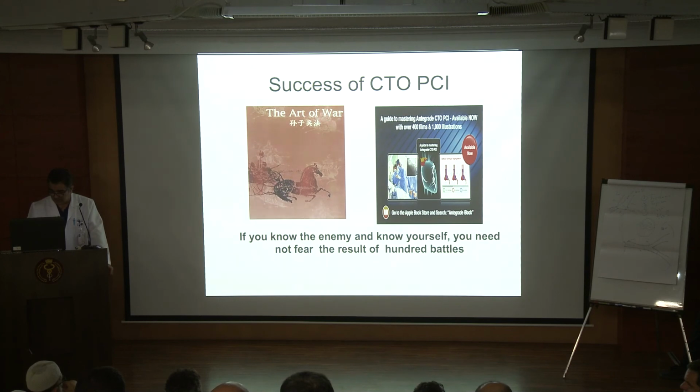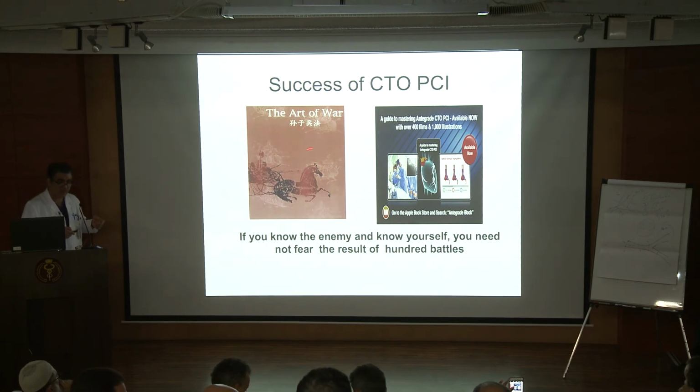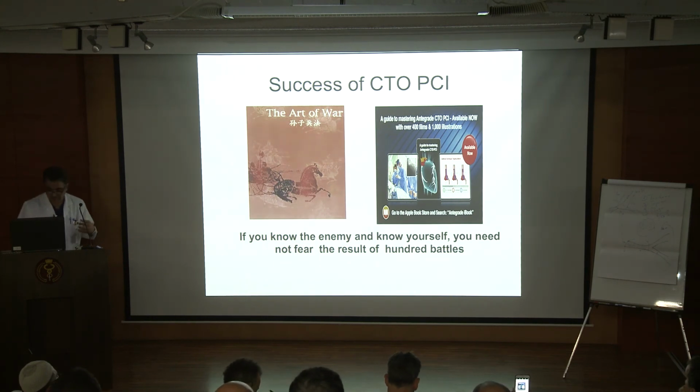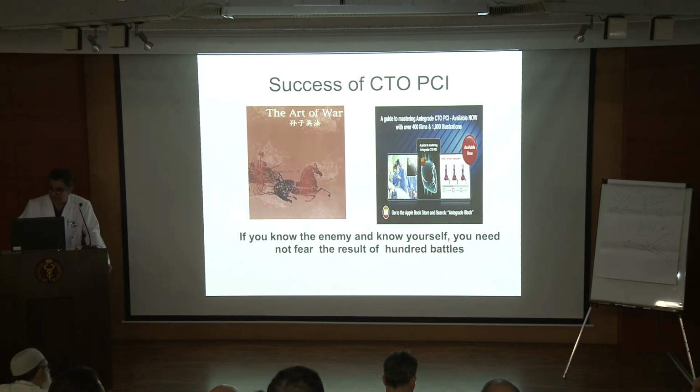So it's a lot of things that I learned from this book. I highly recommend the antegrade and retrograde book by Dr. Sprague. This is like the Chinese Art of War, the book written about 2,000 years ago about the art of war, which says if you know the enemy and know yourself, you need not fear the results of 100 battles.